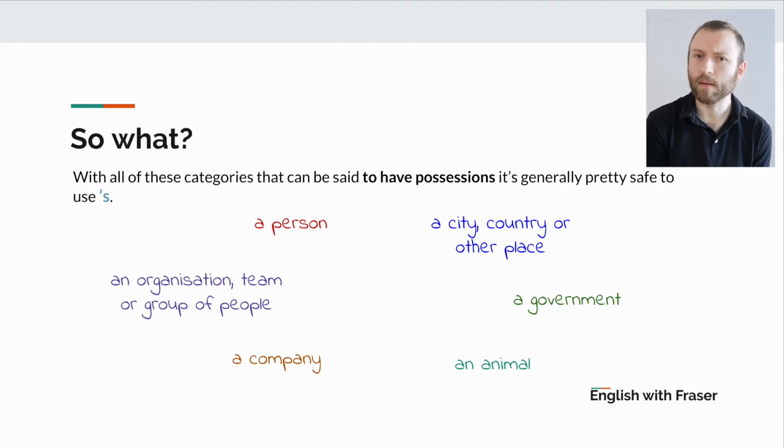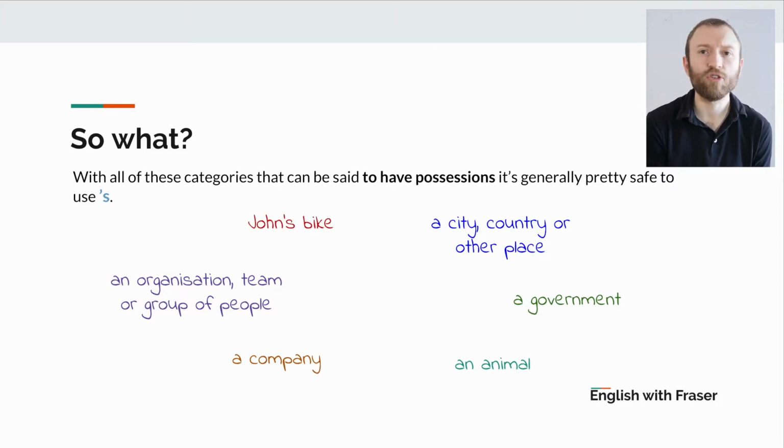So what does that mean for our question of apostrophe S or of or compound nouns? Well, what it means is that with all of these categories that can be said to have possessions, it's generally pretty safe to use this apostrophe S structure. So for a person, we might have John's bike.